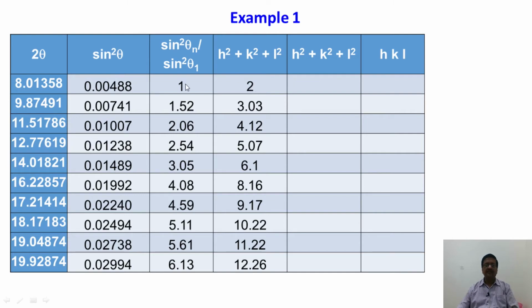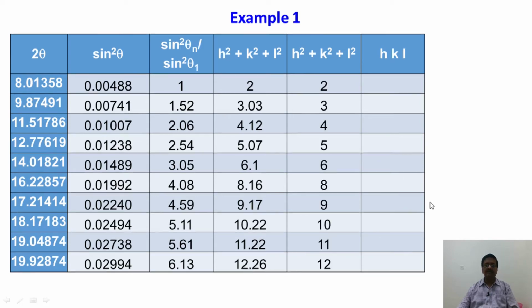By multiplying these numbers by 2, you get 2, 3.03, 4.12, 5.07, 6.10 and so on. These numbers can then be approximated to the nearest integer values, and we end up getting numbers like 2, 3, 4, 5, 6, 8, 9, 10, 11 and 12. These integers represent the sum of squares of 3 numbers.